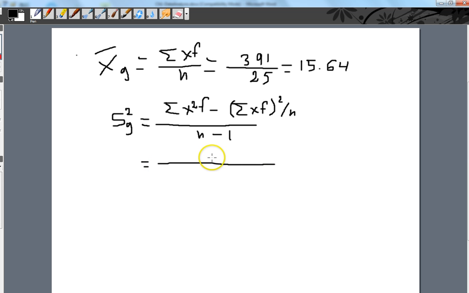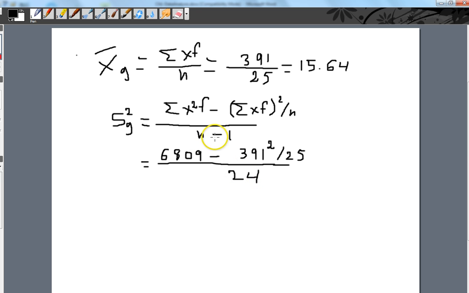What's my sum of x squared f? That's from the last column, which is 6,809, minus the sum of xf, which is 391. I want that to be squared. I want to divide by 25, and everything should be divided by 25 minus 1, which is 24.